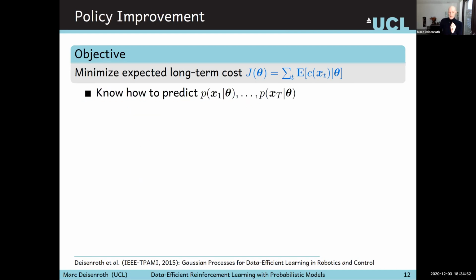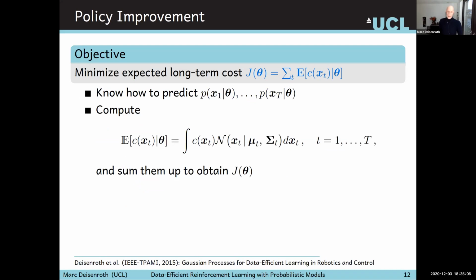Keeping in mind that we already know how to predict, or at least approximately compute, the distributions of the state at every time step, and they will be Gaussian or approximately Gaussian, then in order to compute an estimate of J of theta, we only need to compute the expected costs at every time step.